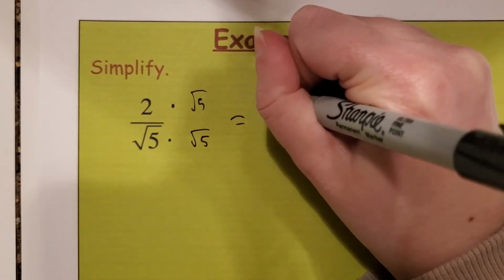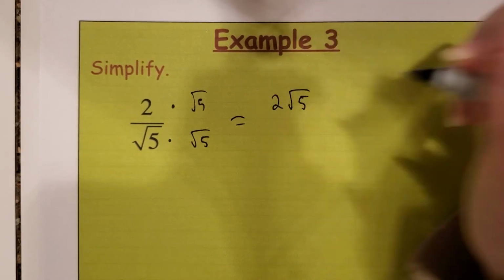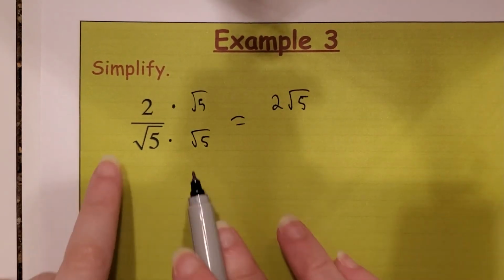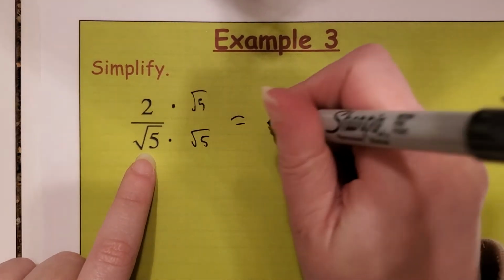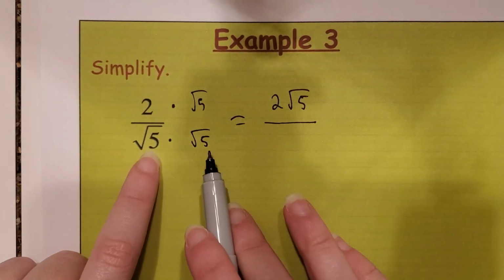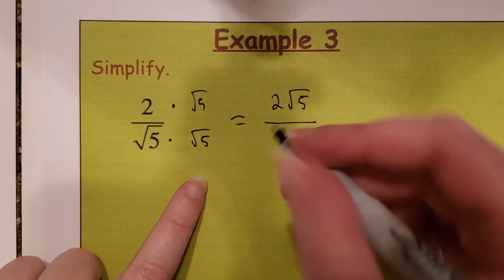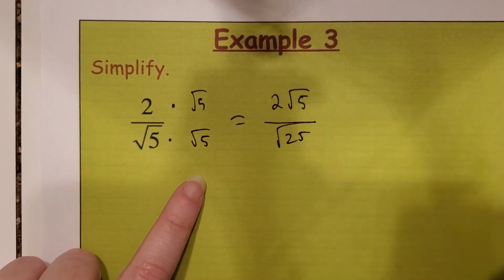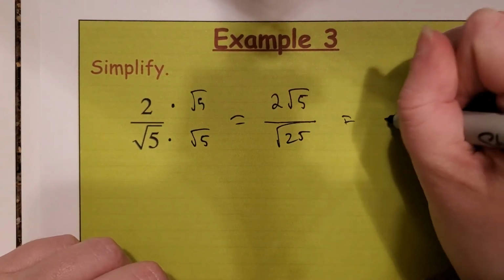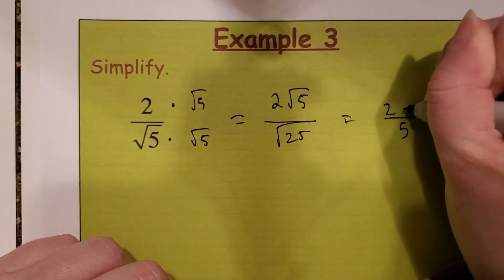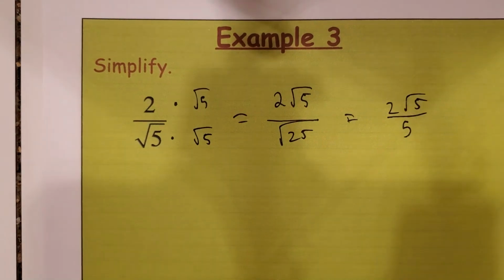So we're going to leave this as 2 root 5. Root 5 and root 5 do both have a radical over them. So the denominator is going to be the square root of whatever 5 times 5 is, which is 25. And we know what this evaluates to. The square root of 25 is 5. So this is 2 root 5 over 5.